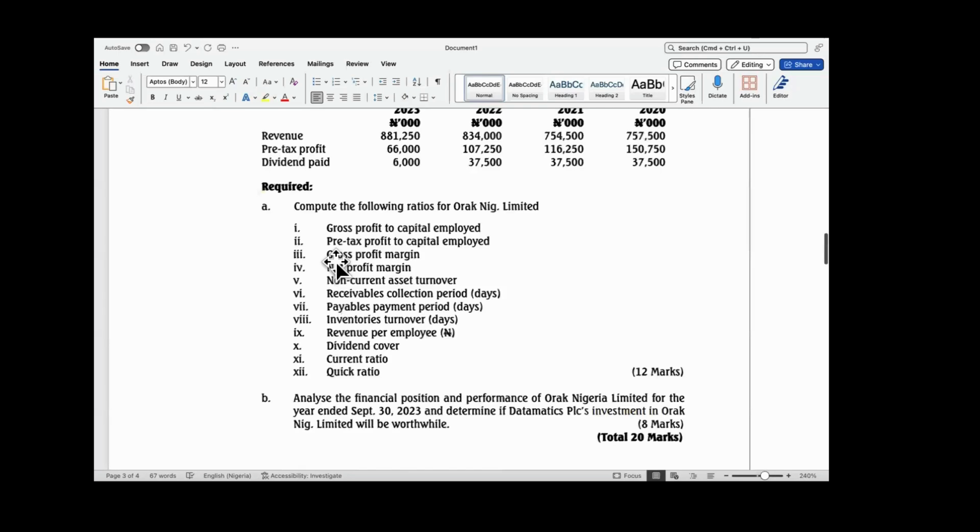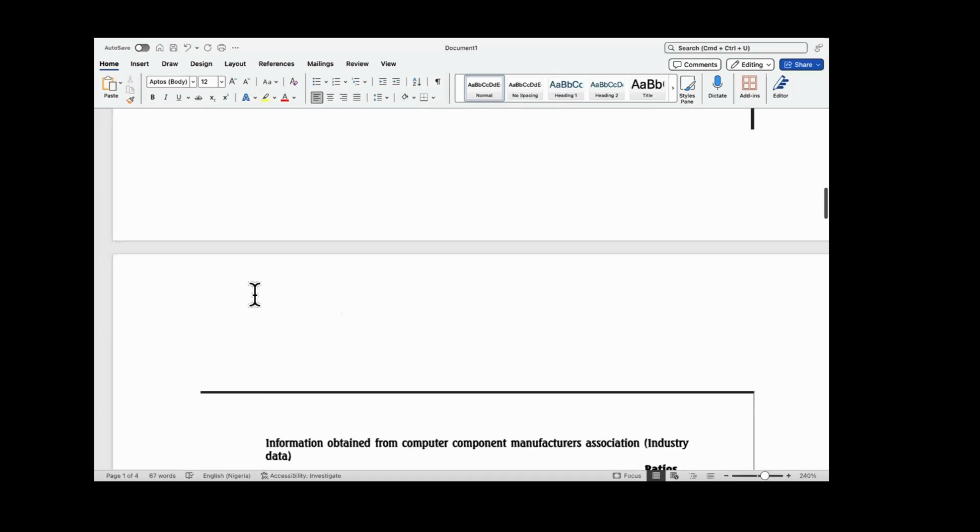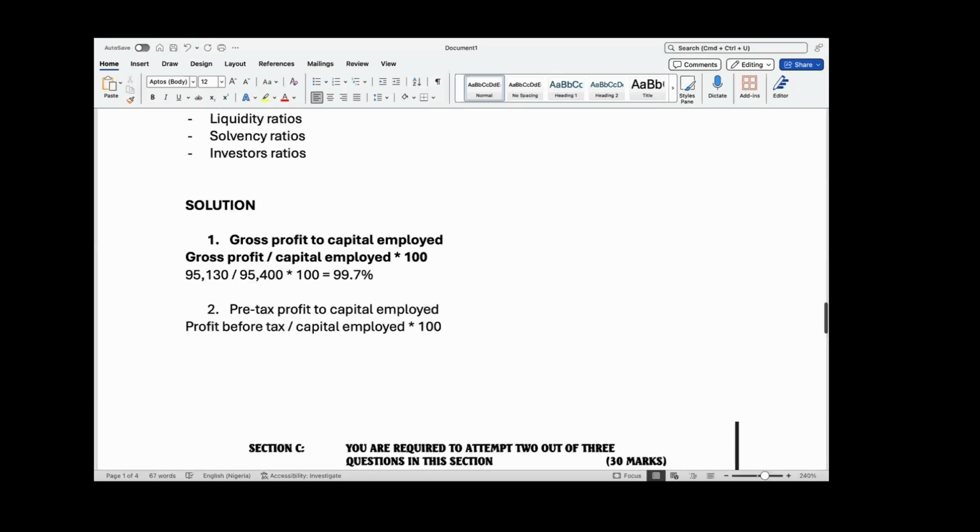Let's go to the question. Are we given profit before tax? Yes, you can see it there. They give us our profit before tax as 17,100. I hope you can all see it. 17,100. So our profit before tax is 17,100.